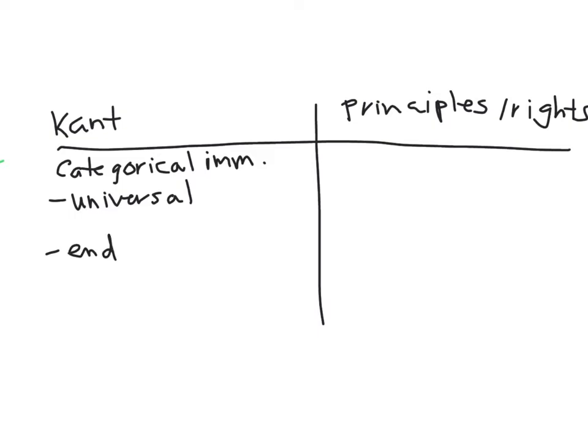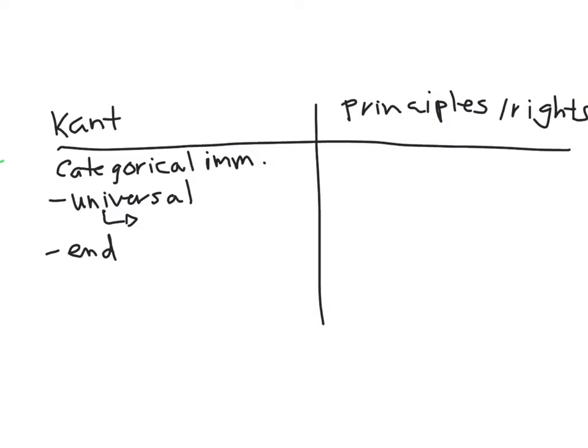One of the things that Kant really doesn't like is when people lie, because when we lie, we make exceptions for ourselves. So we can imagine, what if the tables were turned? What if the husband were doing this same action?